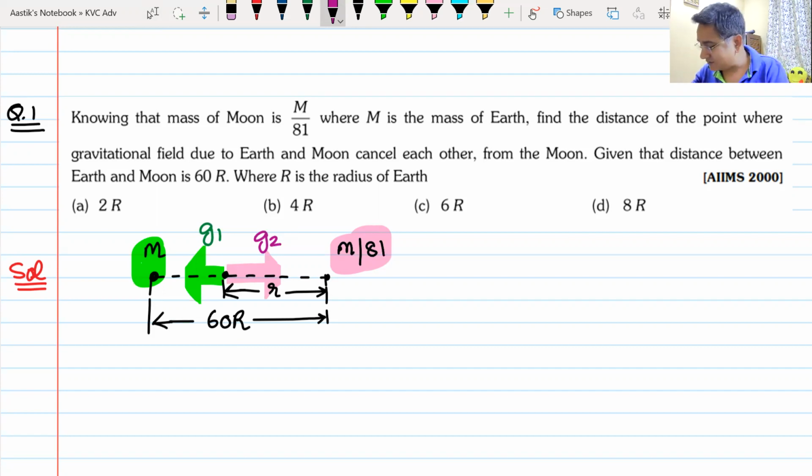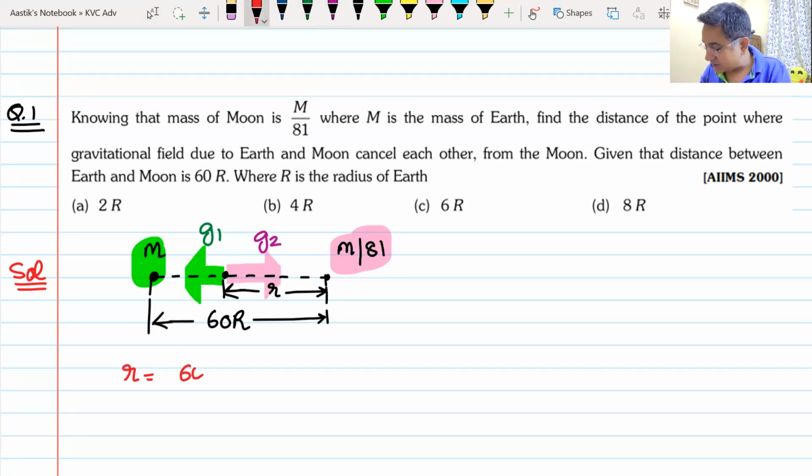That's as simple as that. If this is R, the value of R that I would have got will be D, the distance between the two. Just remember the formula that we did that day.